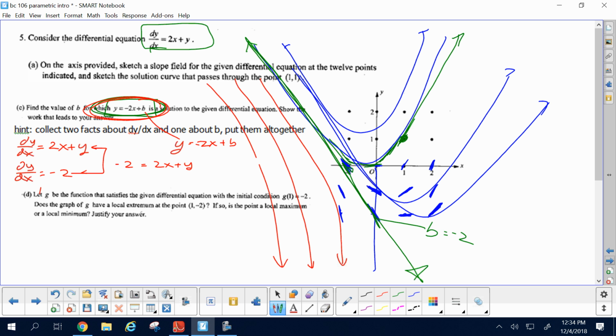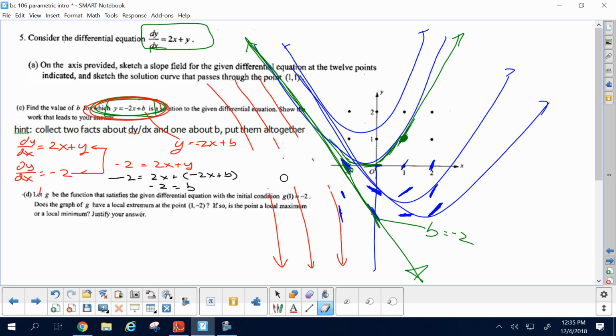But based on their assertion of what y is, what do they say y is? -2x plus b. If you plug in -2x plus b, that would only be the case if b is -2. Wow, that was cool. Now, I guess I kind of went out of order in my argument. I was talking just a second ago about how could it possibly be that the slope is both 2x plus y and -2.